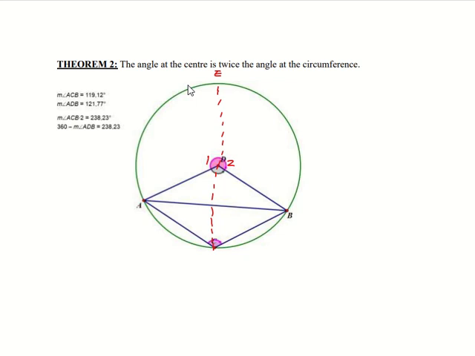So now I have two triangles here. The first triangle is triangle DBC, and the second triangle is the blue triangle, which is DAC.